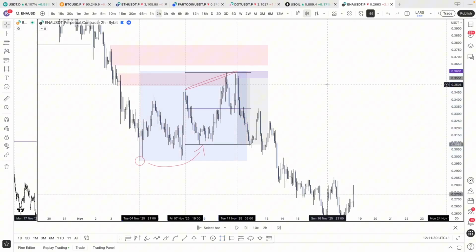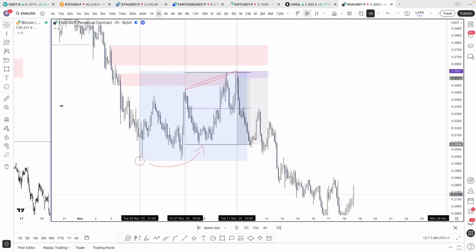So if we look at ENA here, we have a bottom. We have price moving away from that bottom, establishing a high probability distribution model and confirming it. Contextually speaking, that puts ENA in a semi-pro environment for the distribution model.